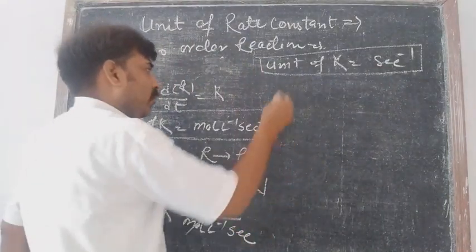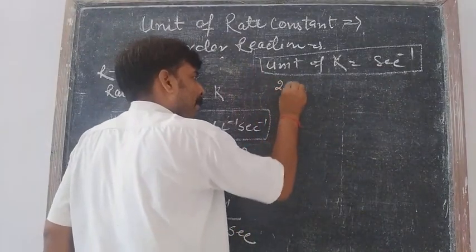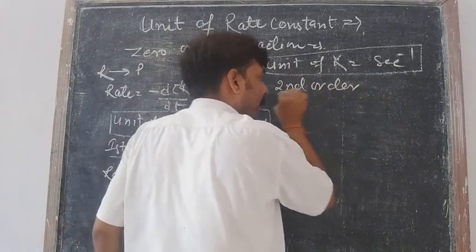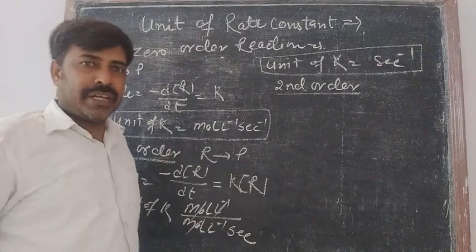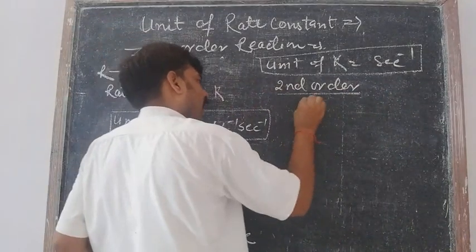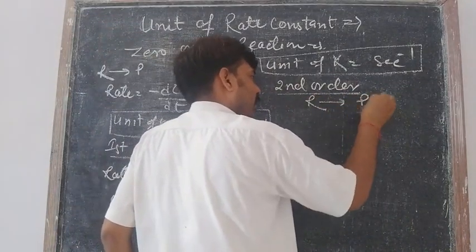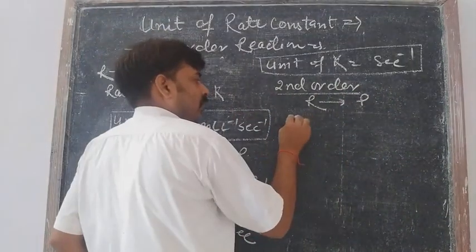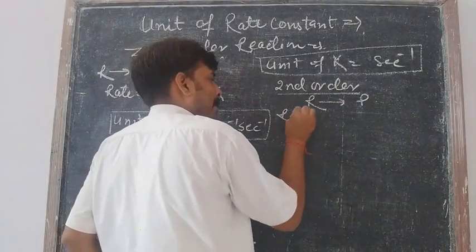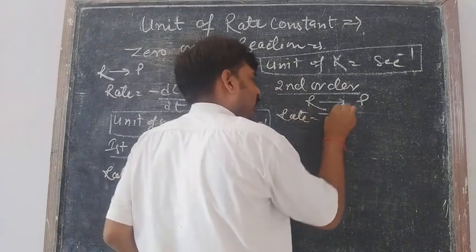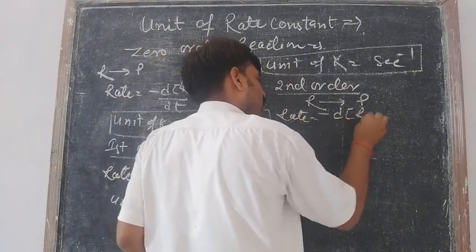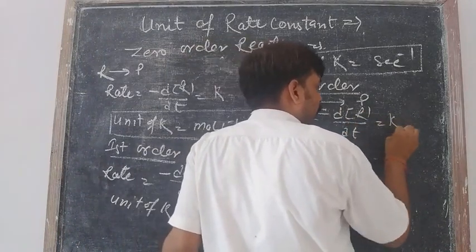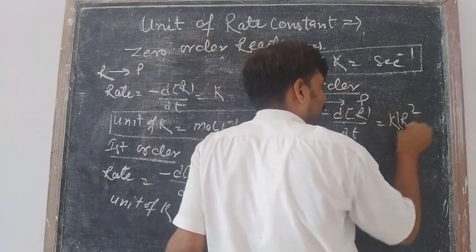So this is the unit of k for the first order reaction. Now we are looking at the second order. Again we take the same reaction, R converting into P, and the rate equals minus d[R]/dt equals k[R] squared.